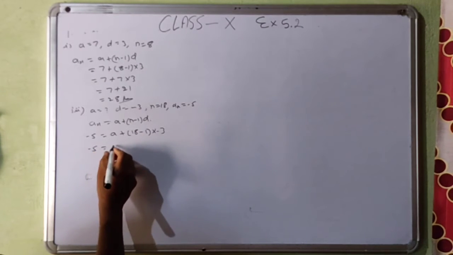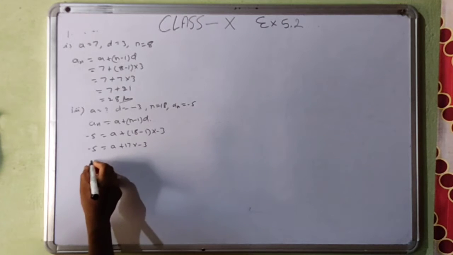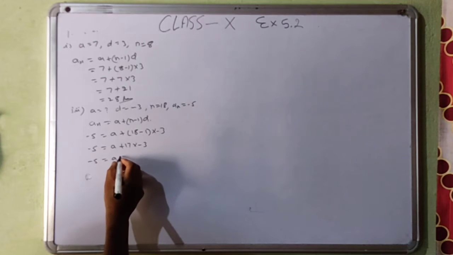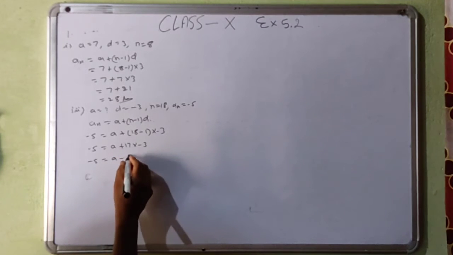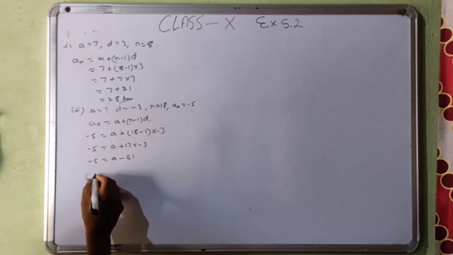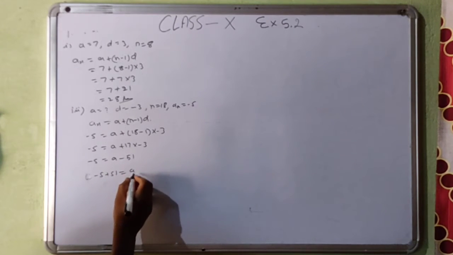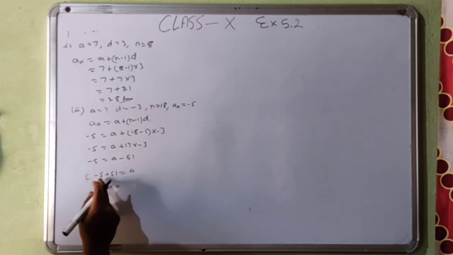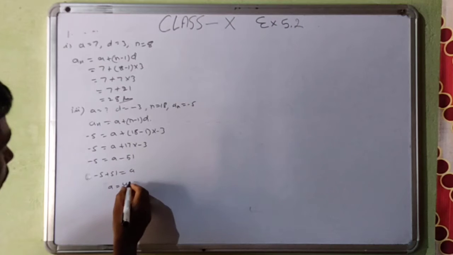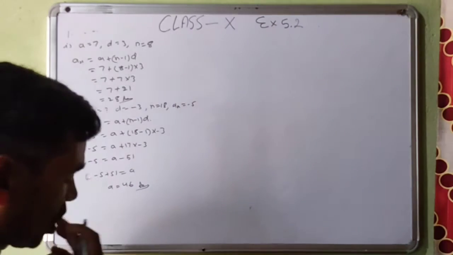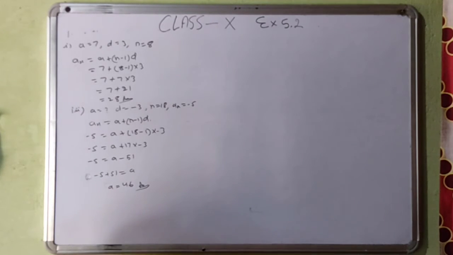So minus 5 is equal to a plus 17 multiplied by minus 3. 17 threes are 51, so minus 51. Minus 51 goes to the other side, so that will be plus 51. So a is equal to 51 minus 5, that will be 46. This is the answer. And the other parts you can do, no problem is there.